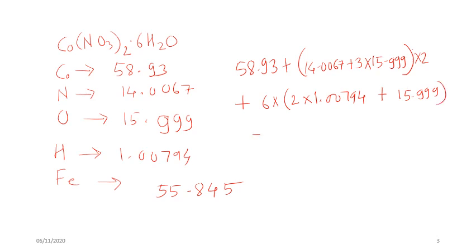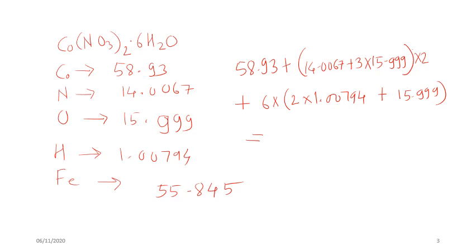If we do the total, the multiplier 3 is because of O3, and the 2 multiplier is because of the 2 outside the bracket. This way we can calculate the molecular weight of the cobalt nitrate.